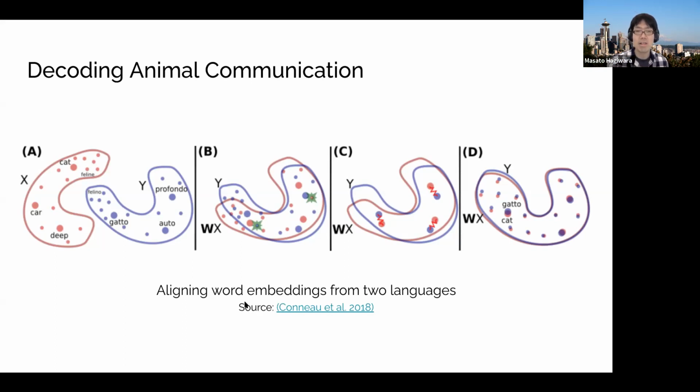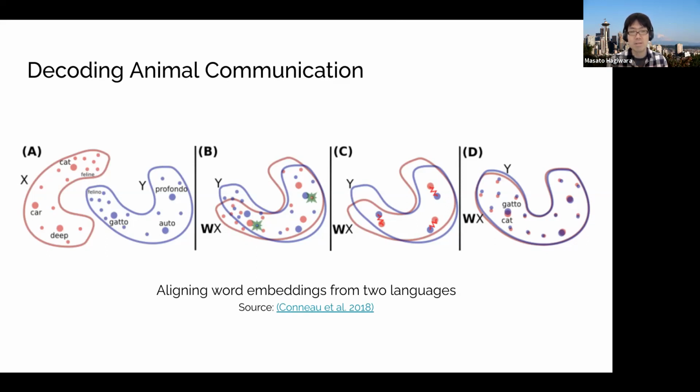What they did is they translated words in two different languages without using any dictionaries, basically. So theoretically, if you have a huge database of English and a huge database of, I don't know, an alien language, then you can plot the embeddings on this vector space and you can align them together.